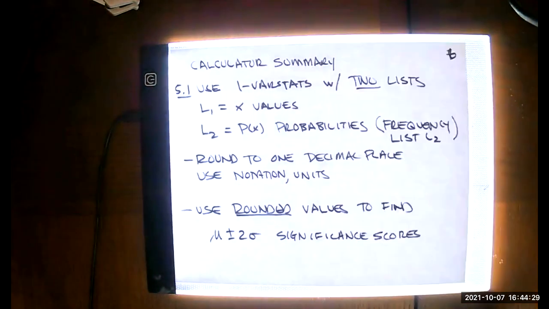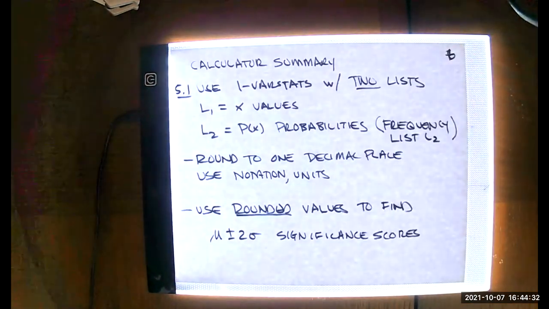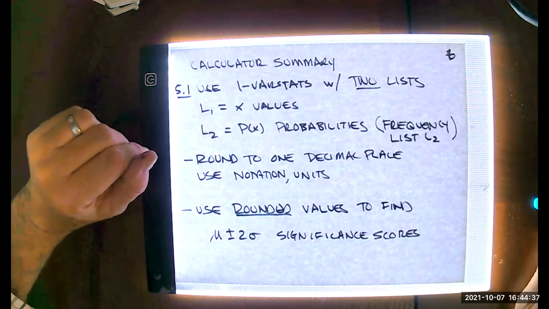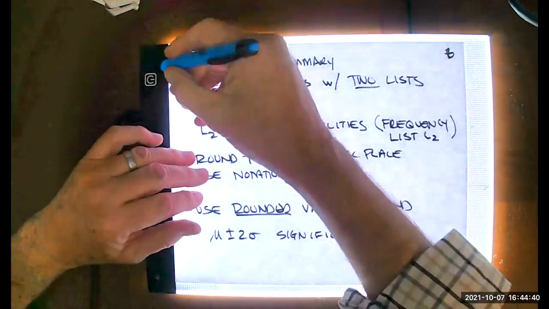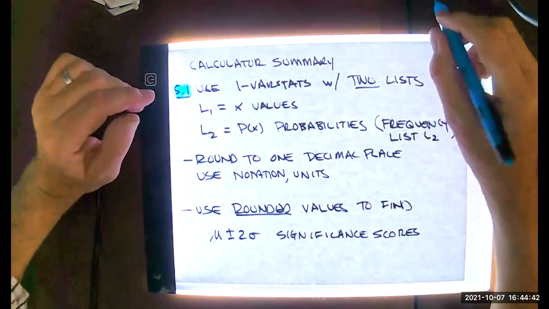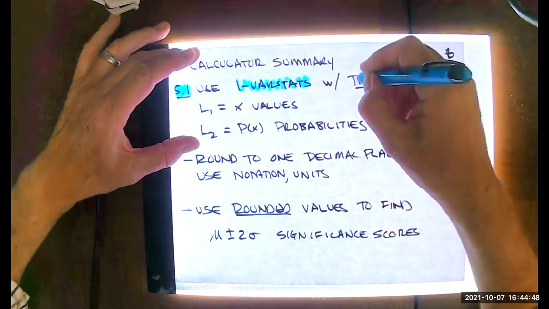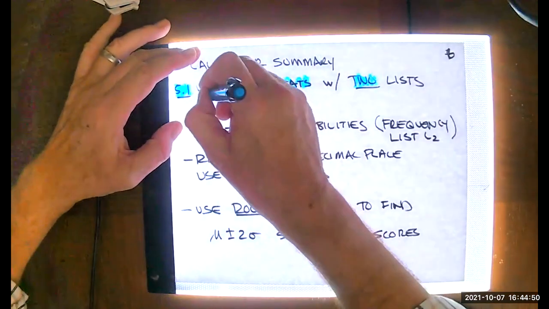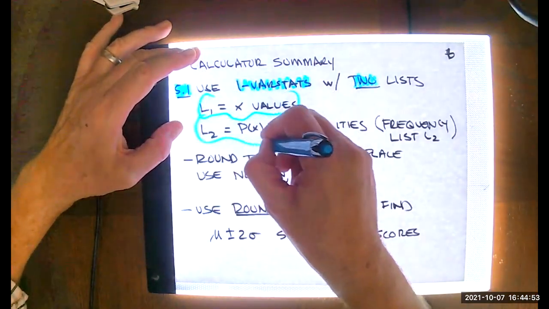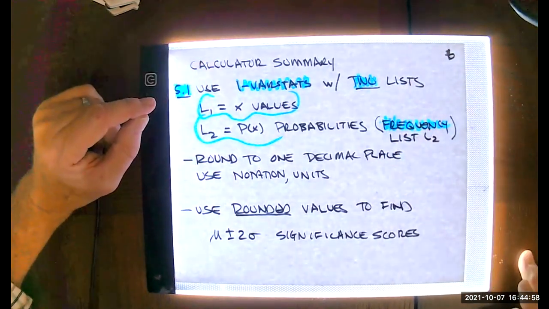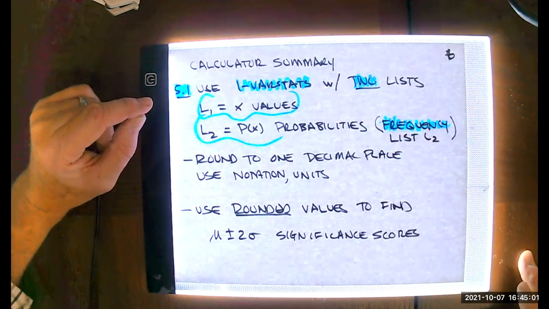Now, I'm going to finish this up with a little bit of summary on your calculator and what we've used so far and how we've used it. This list is going to get long. So in 5.1, when I had a given probability distribution, I used the 1-Var Stats, and we had 2 lists. List 1 were the x values, list 2 were the probabilities. That's where that frequency comes in your stat wizard.